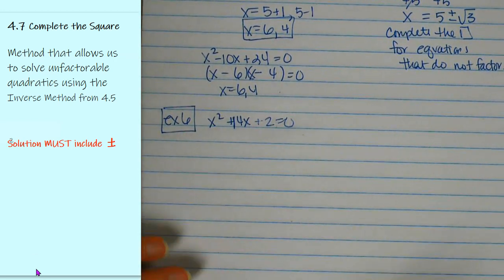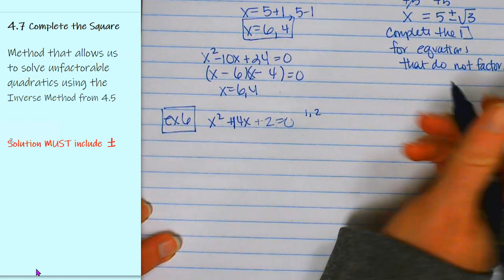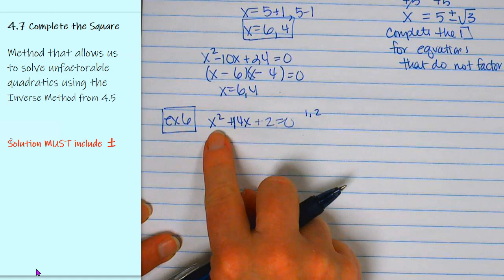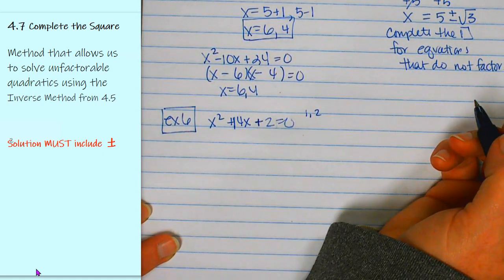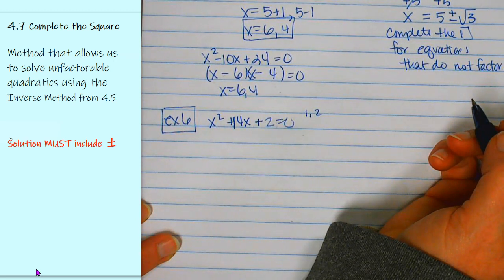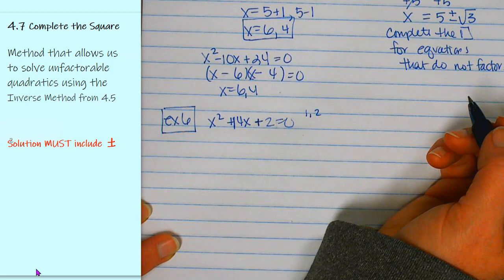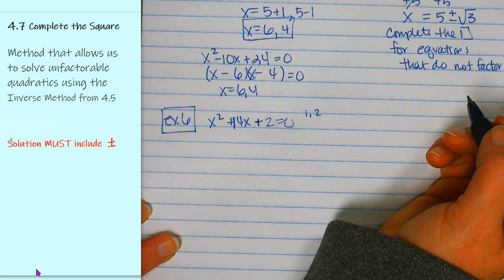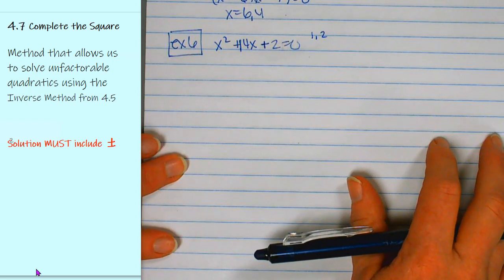You would probably agree with me pretty quickly that factors of 2, 1 and 2, do not add up to be 14. So this does not factor as it's written right now. So what I need to do is rewrite it in a way that I can use the inverse operation, which I'm going to need complete the square. So this is going to be our first example of really the steps in complete the square.